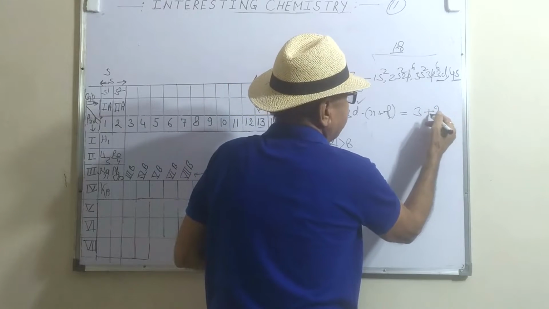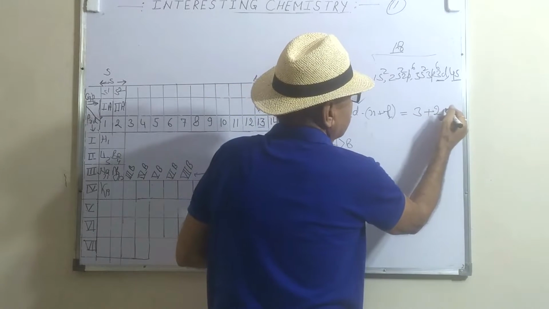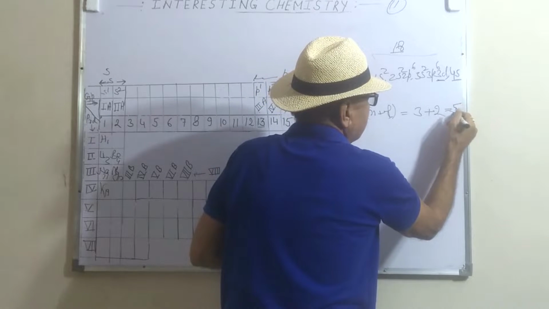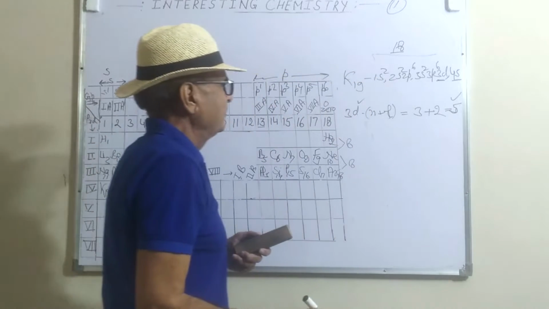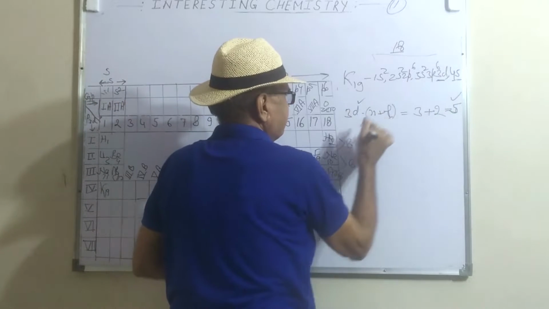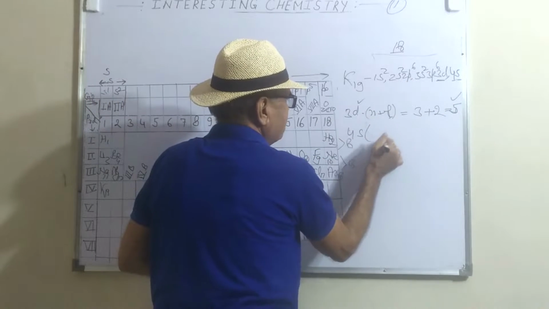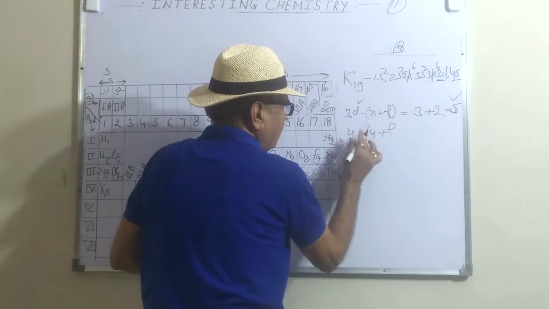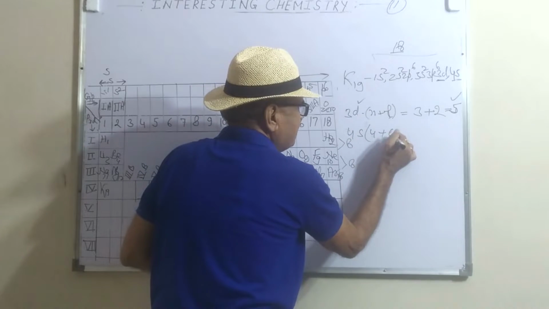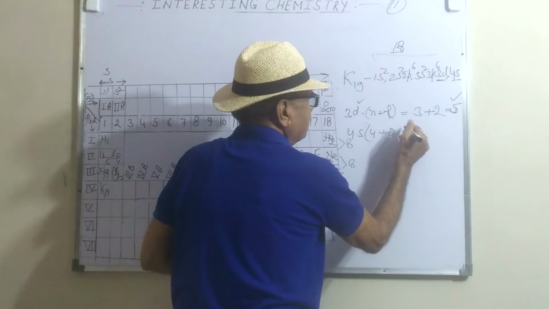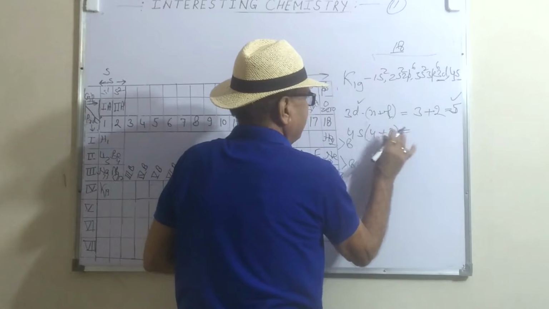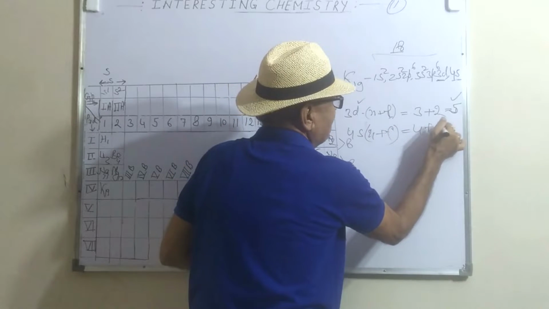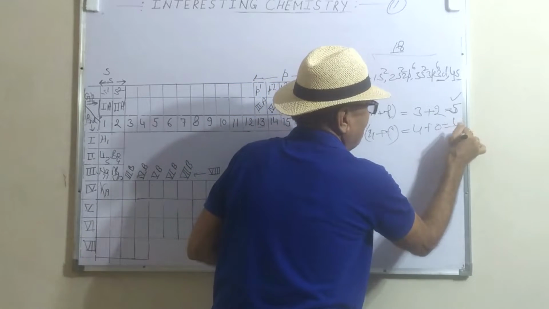So here you can write 3 plus 2 is 5. And for s, the value of l is equal to 0, and this is 4 plus 0. n plus l, 4 plus 0 is equal to 4.